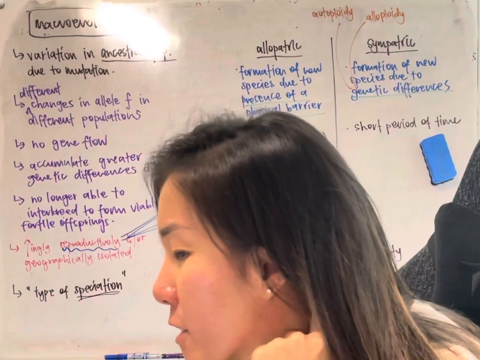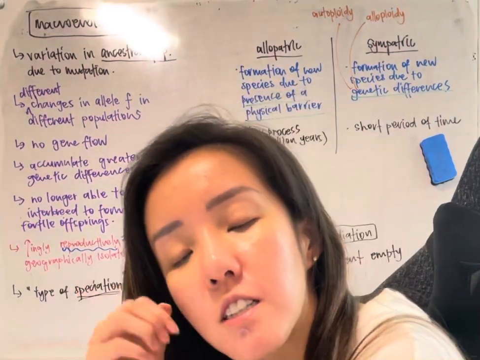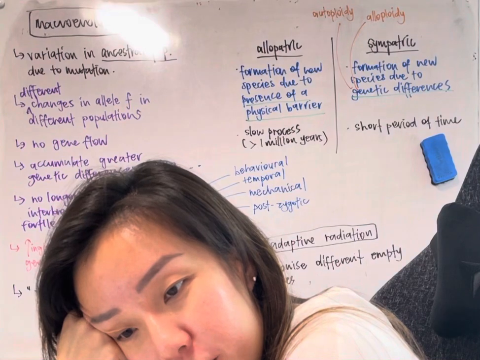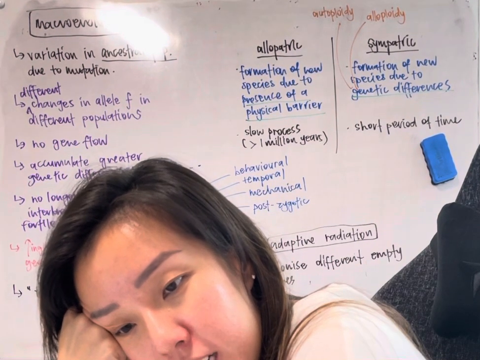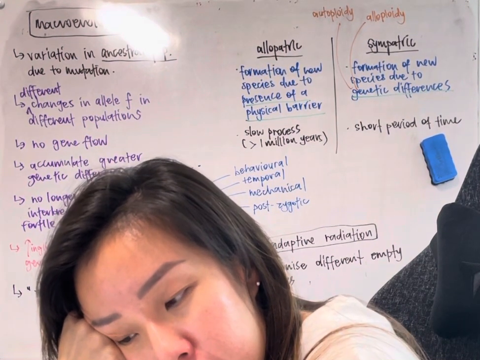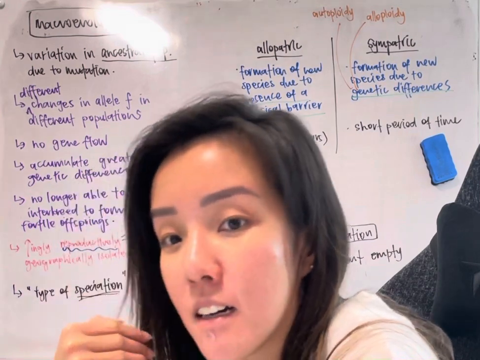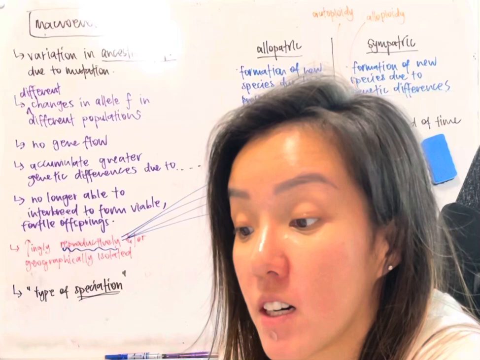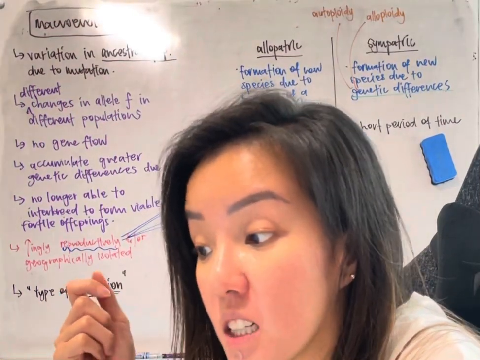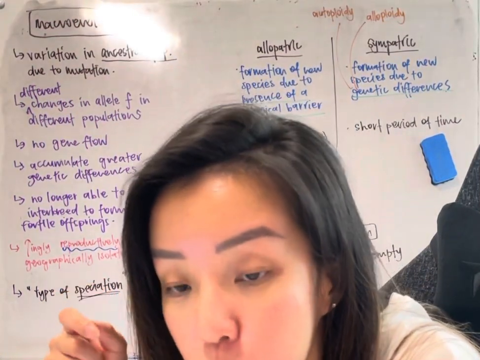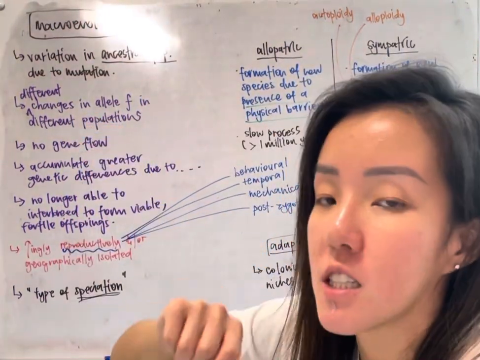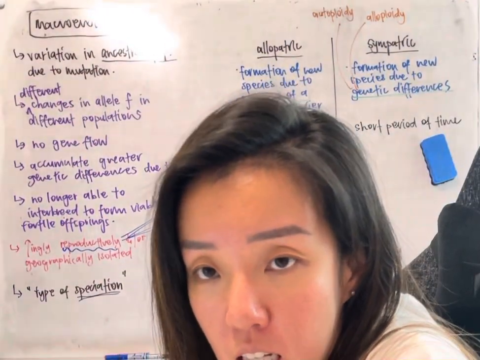What causes the greater genetic difference? In the bullet point, they have showcased something. So you must specify the different mutations occur differently, such that they develop different chromosome number or diploid number. That's why they can accumulate sufficient genetic differences.